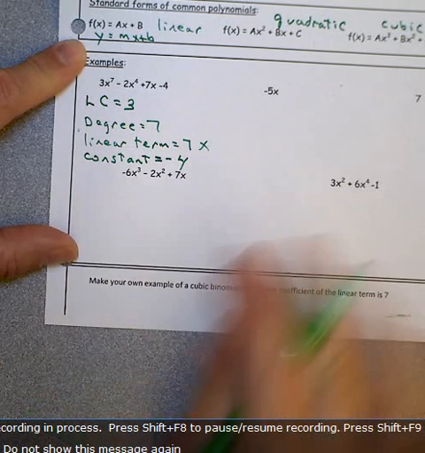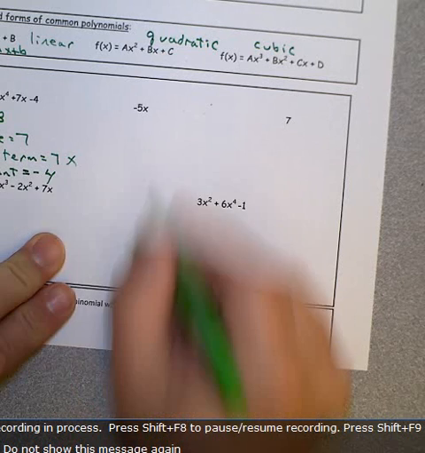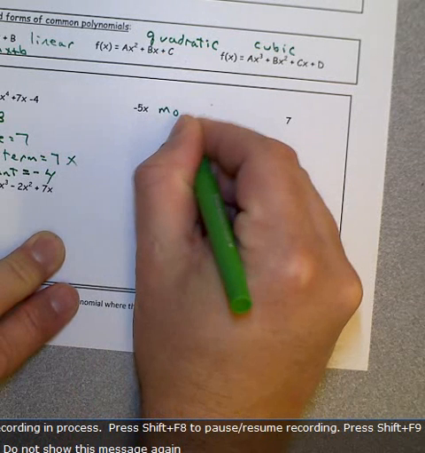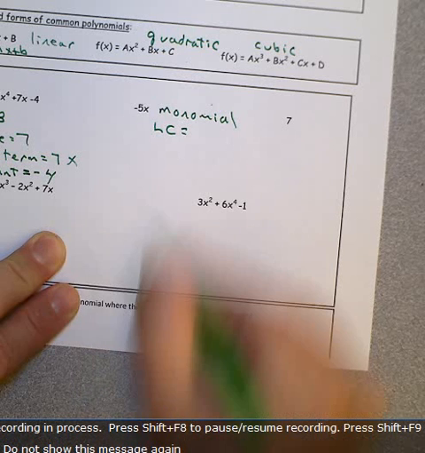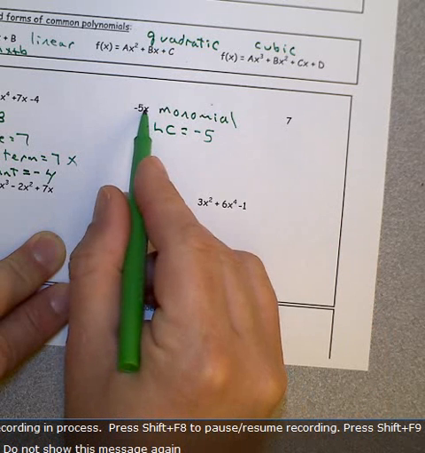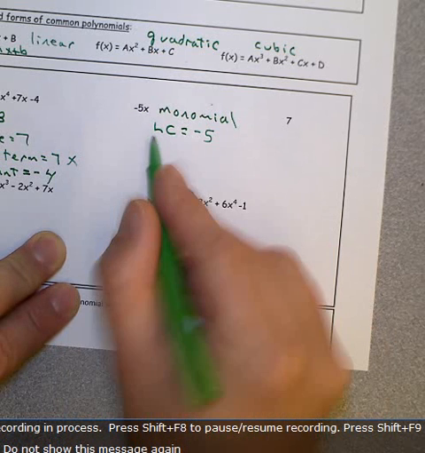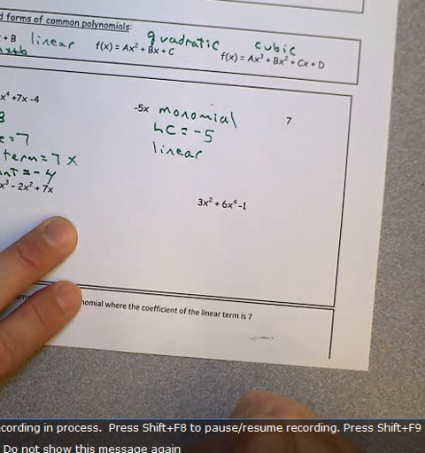All right, next example. Negative 5x. This only has one term, so it is a monomial. The leading coefficient, negative 5. And this term right here, it's just negative 5x to the first power, so it is linear. Makes a line if we graph it.